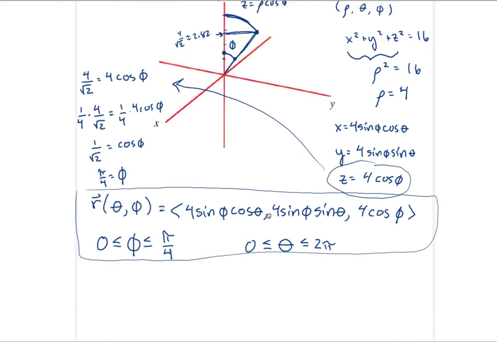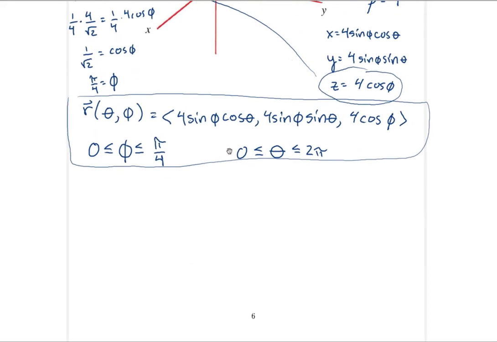Now the only thing I'm going to do before we use technology to make sure we're doing this right is I'm going to just change the names of things. We're going to make one of them u, make one of them v. So I'll let theta be u, and I'll let v be phi.